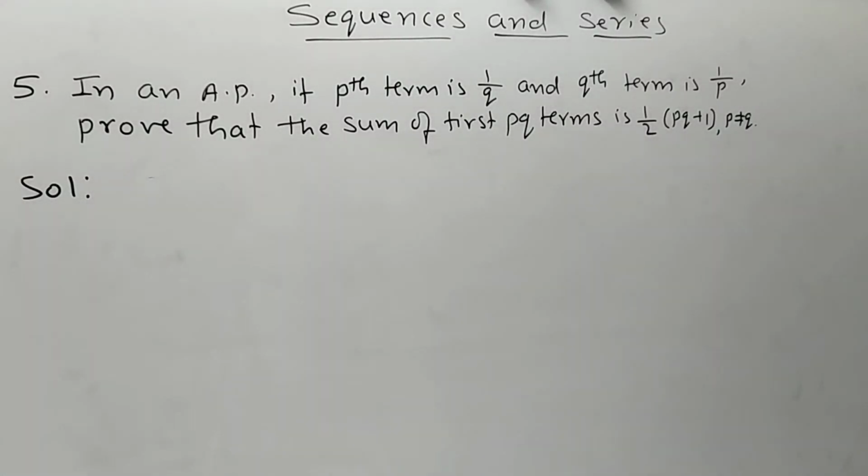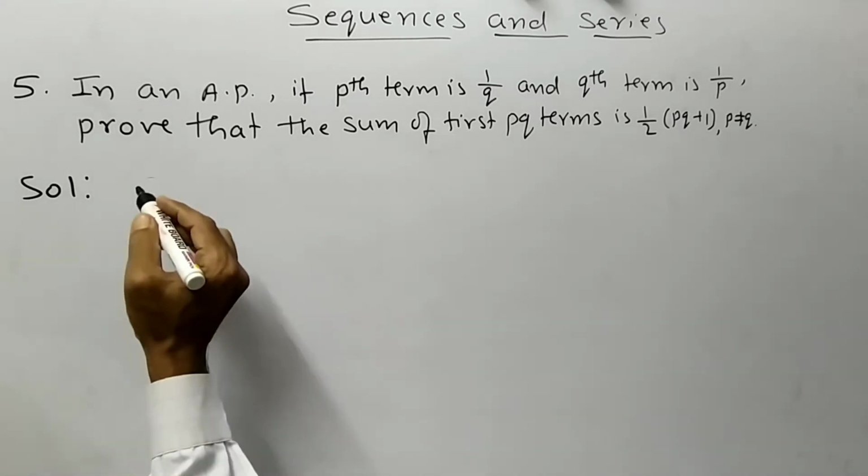Question number 5. In an AP, if pth term is 1 by q and qth term is 1 by p, prove that the sum of first pq terms is 1 by 2 into pq plus 1, p is not equal to q. Solution.